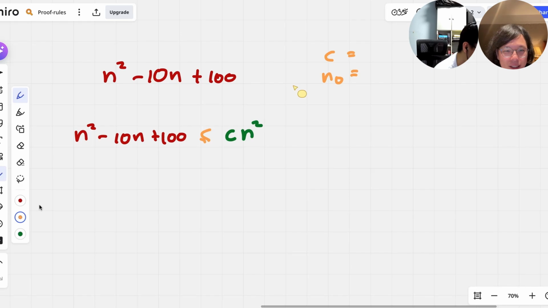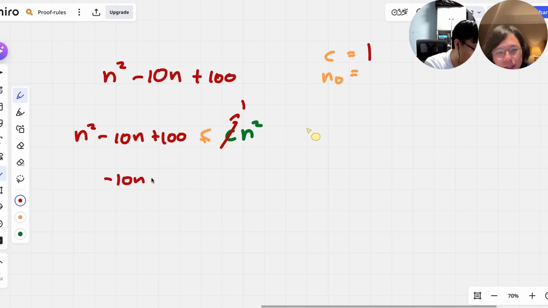So if we try to move the like terms together, actually, I want to try something. Let's just hard code c to 1. So now we have that minus 10n plus 100 has to be less than 0.